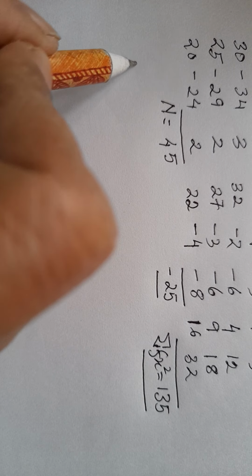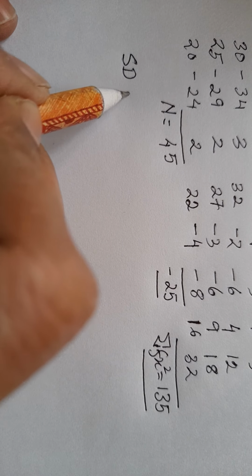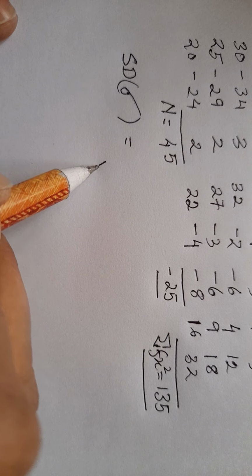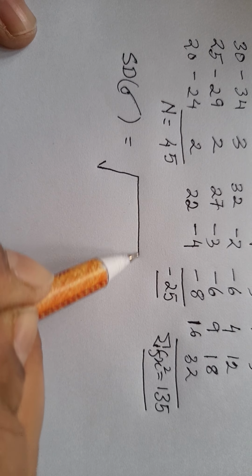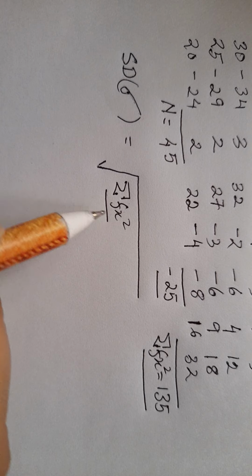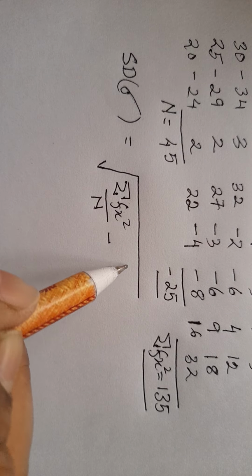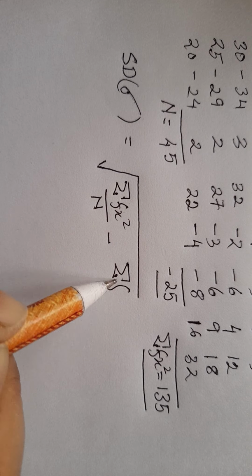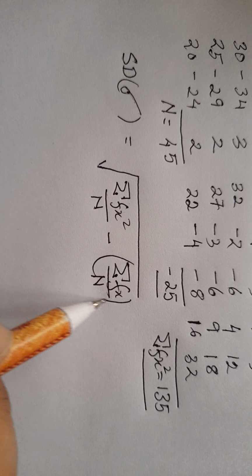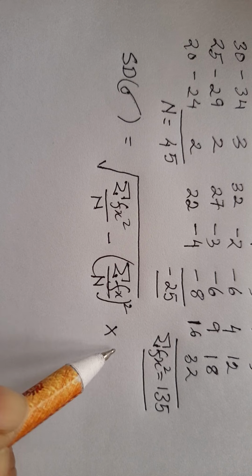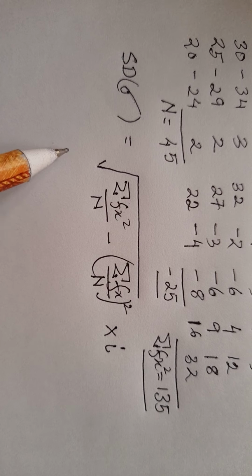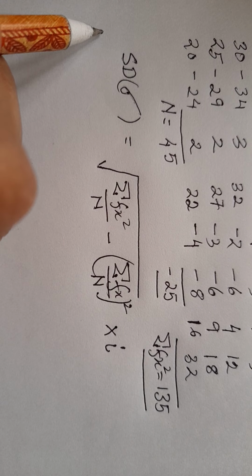Now the formula is SD, that is the sigma sign you have to give, is equal to square root of sigma fx square divided by n minus sigma fx, it's the same as fx dash whole square, and outside the square root is into i. We will put in the data and we can write the data here.